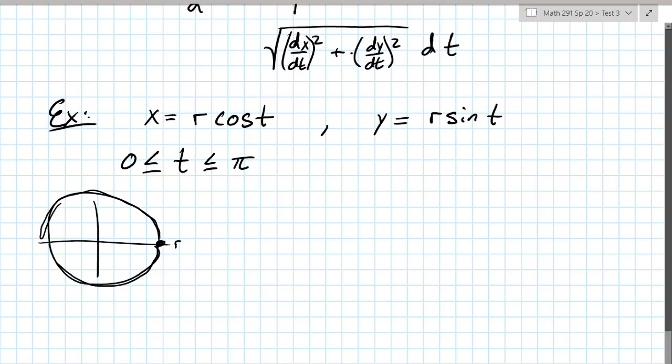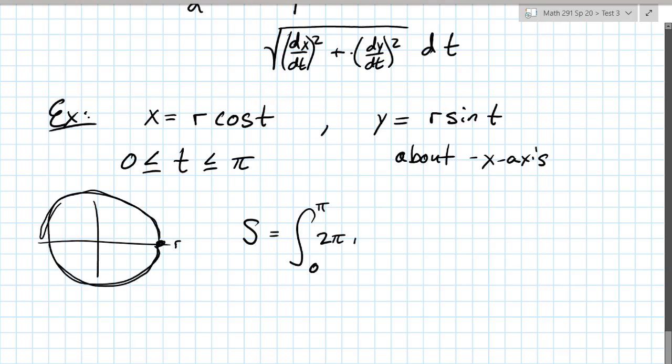So if we've got a shape that's symmetric like this with respect to the x-axis, that is the axis that we are rotating it about, we need to be careful to just take the top half, or else we'll end up with double the answer that we want. So s equals the integral from 0 to pi of 2 pi r.